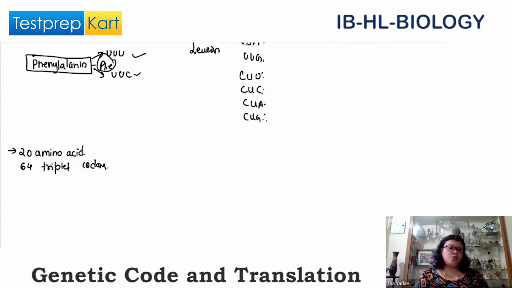All right. So when we are talking about 64 triplet codons, Sana, you have done this chapter, right?